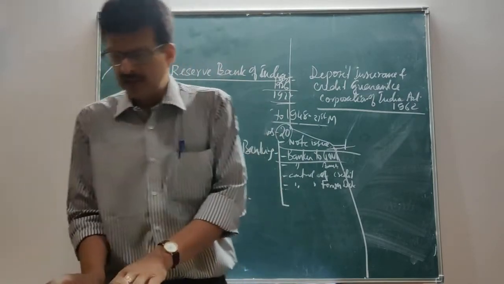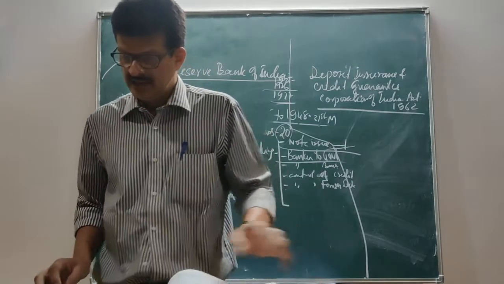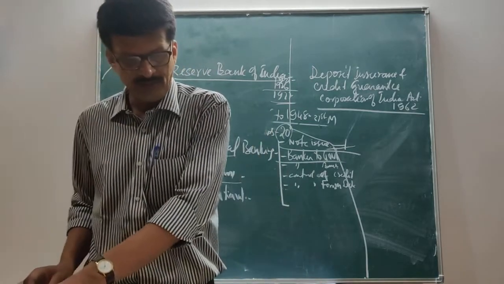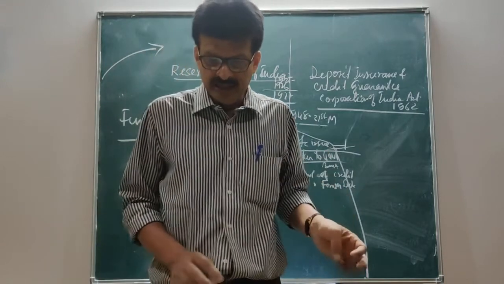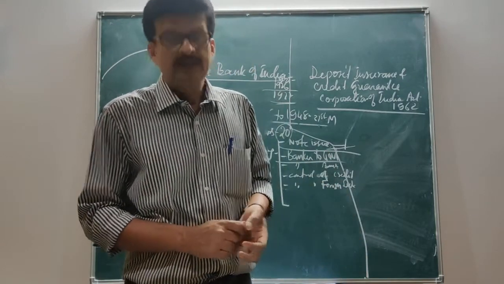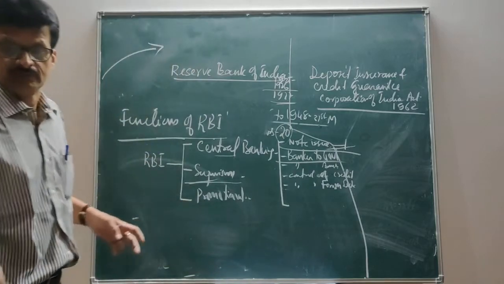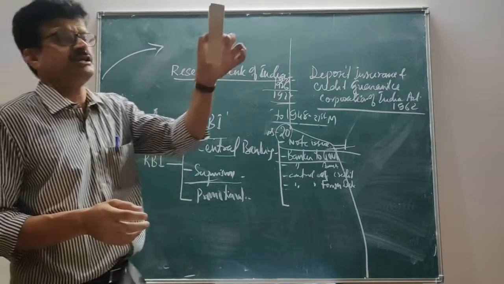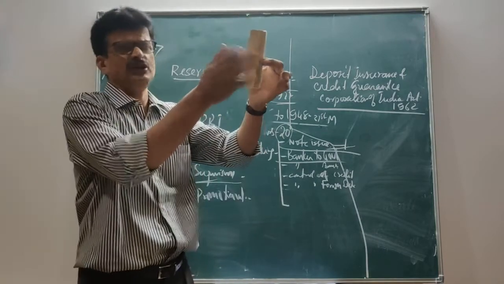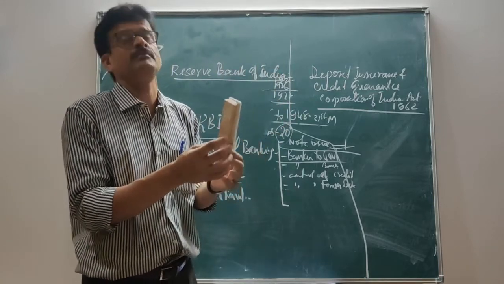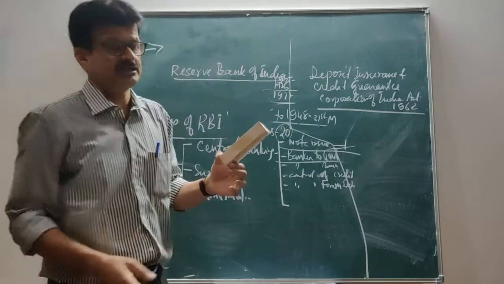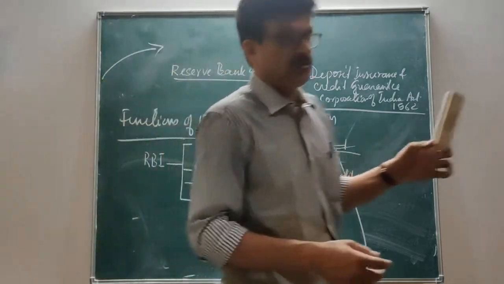This open market operations, I will tell you, it's very important. RBI will sell, I will tell you. For example, this is a duster. It is a security of the RBI, it is a security, government bond, either state or central. Now, it is in the possession of RBI.